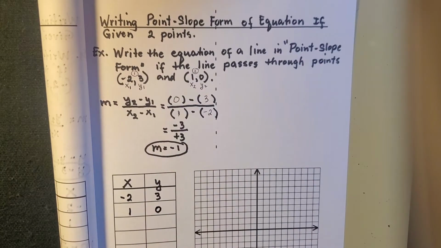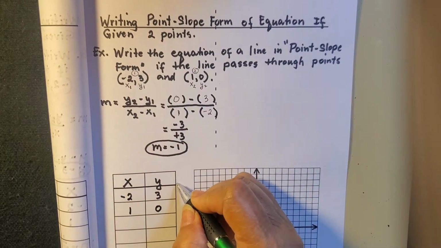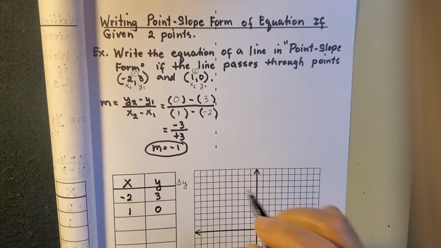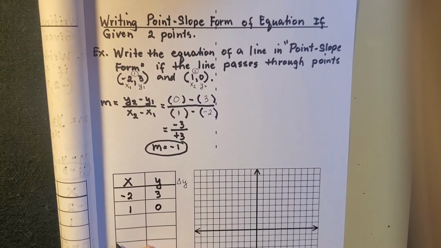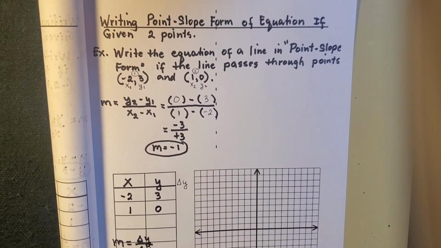Okay. Now, instead of y2 minus y1, the formula that we're going to use, I put at the bottom. The formula that we're going to use is change in y over change in x. Can you see this, student?